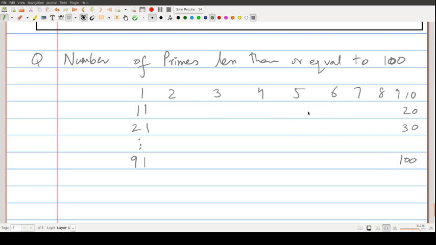And the idea was that if I start crossing off numbers from this list that I know are not going to be prime, so starting off with the first prime, I know 1 is not a prime, so that gets excluded, and I know 100 is not a prime, so that gets excluded.